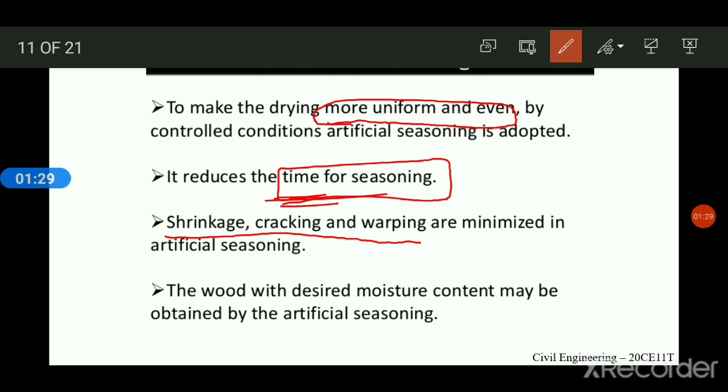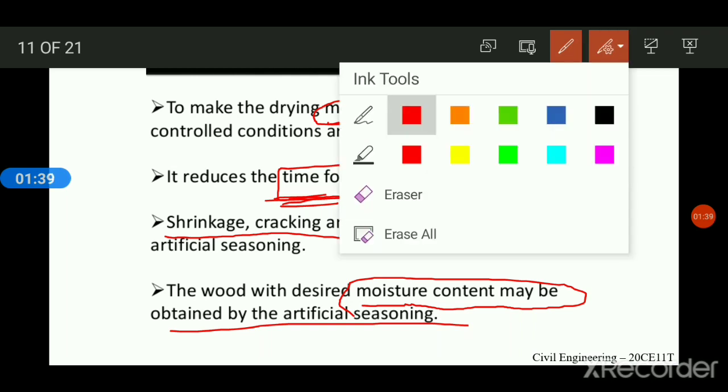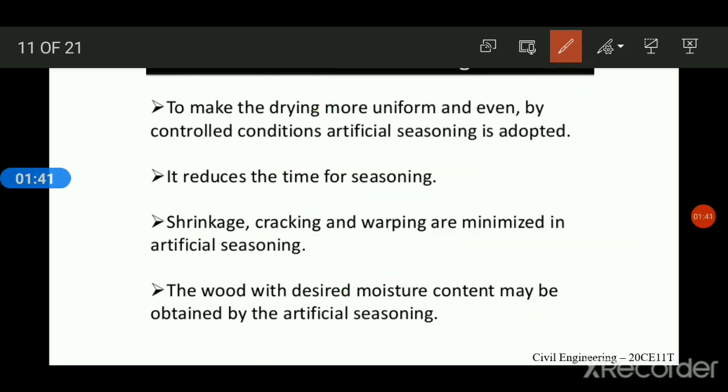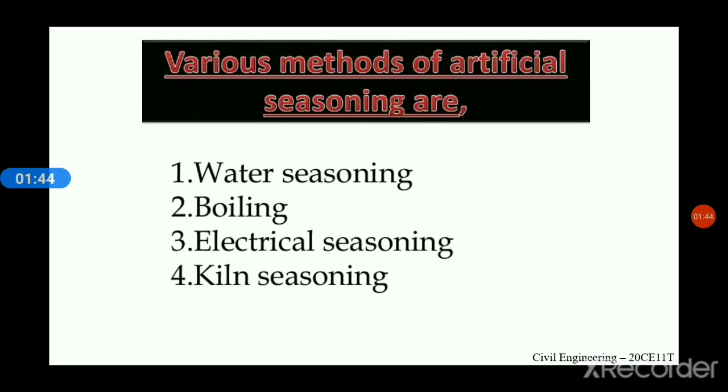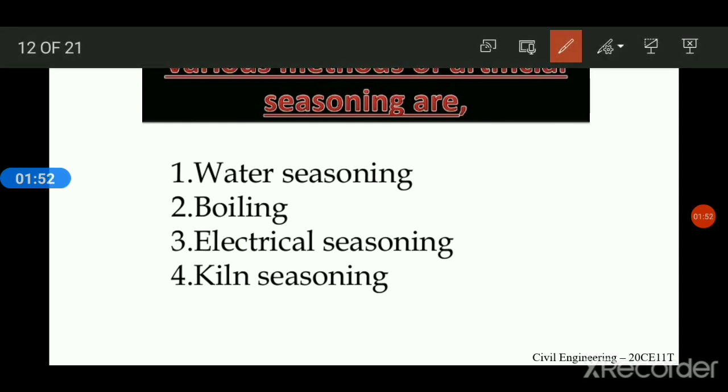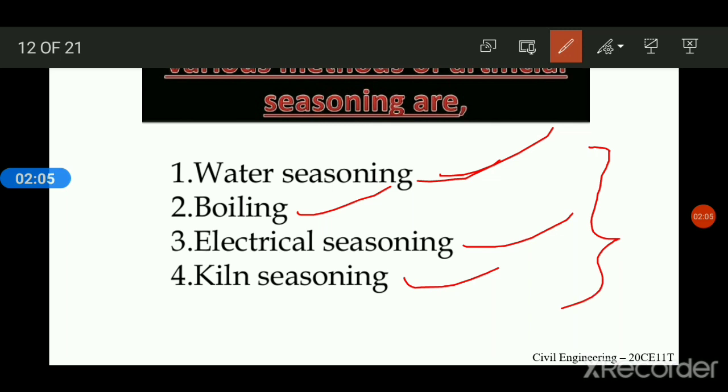Yes, this is obvious. So there are various methods in artificial seasoning. The first method is water seasoning, then boiling method, electric seasoning, and kiln seasoning. So these are very fast processes compared to natural seasoning.